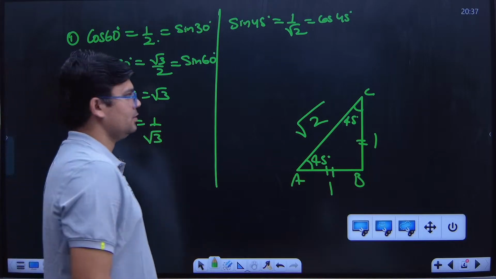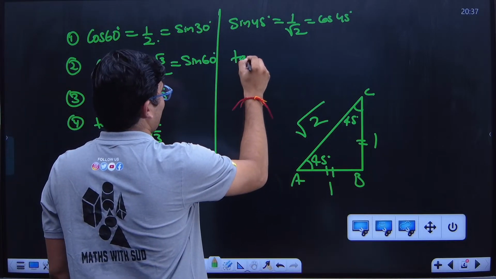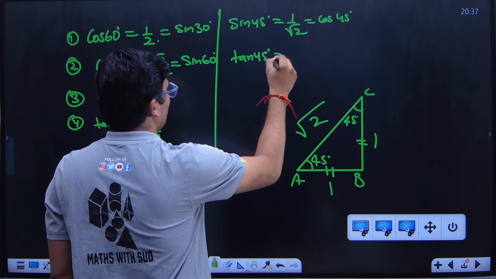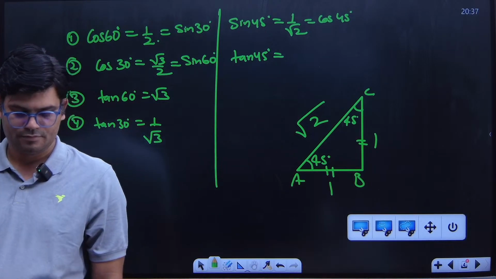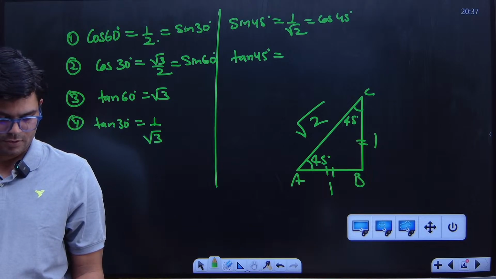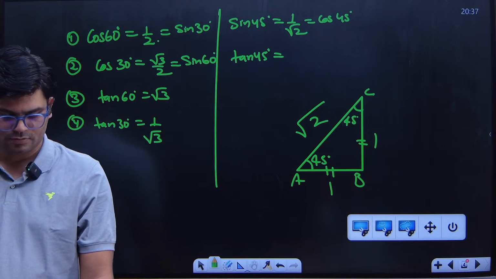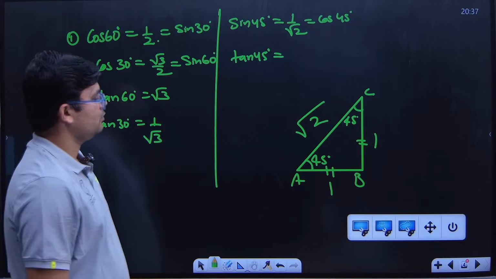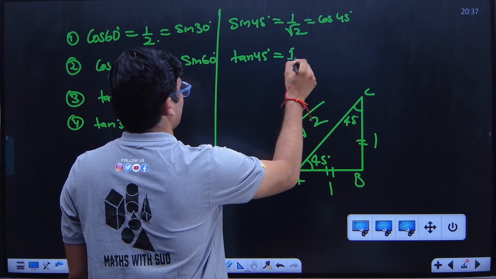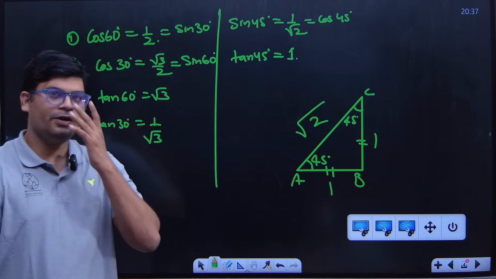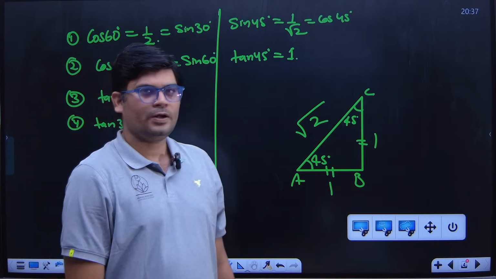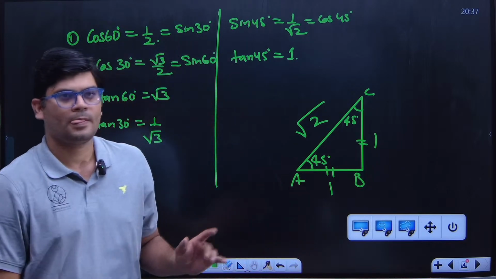Why? Both are complementary angles. Tell me what will be tan of 45? It'll be 1 by 1. So tan 45 is always 1. Understood these values? Yes, sir.